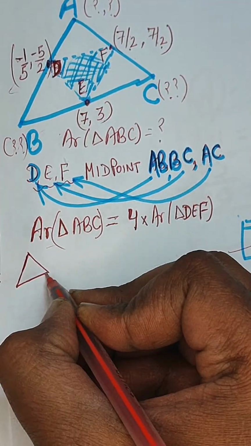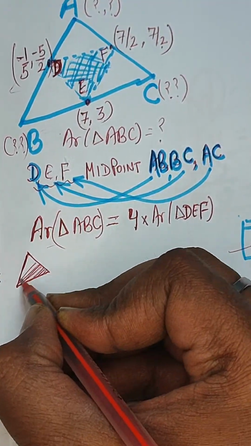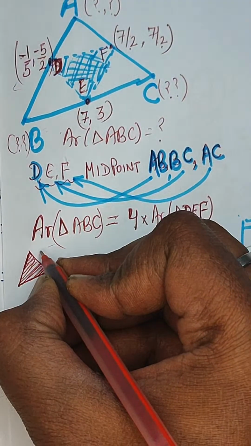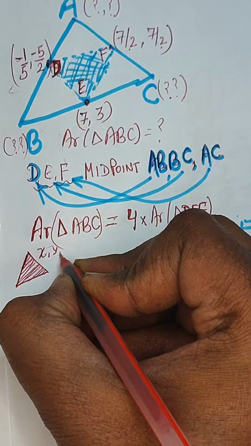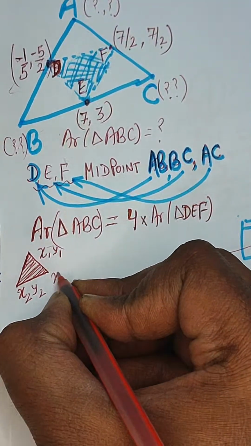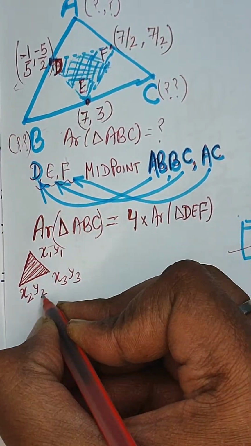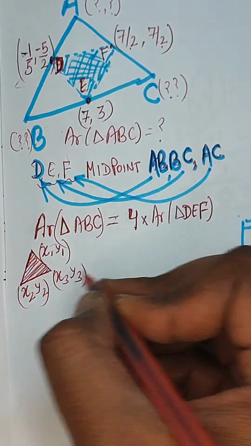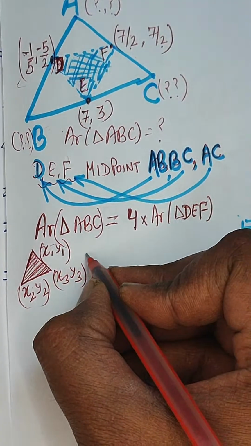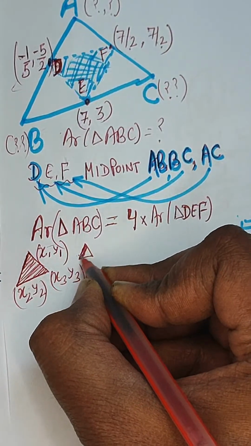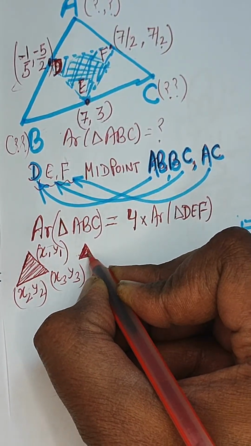The triangle formula is where all the coordinates are known to you, where x1 y1, x2 y2 and x3 y3 are the coordinates of all three vertices.